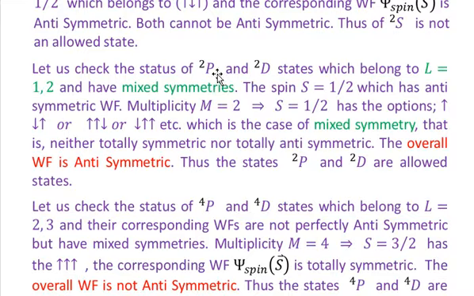And we have also seen that these 2P and 2D states with values capital L equal to 1 and 2 will have mixed symmetries. Thus, the states 2P and 2D are allowed states.